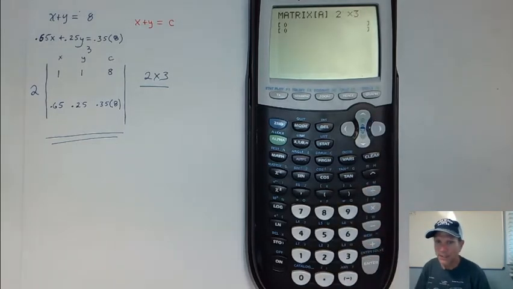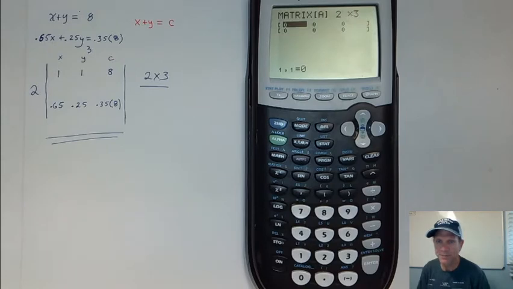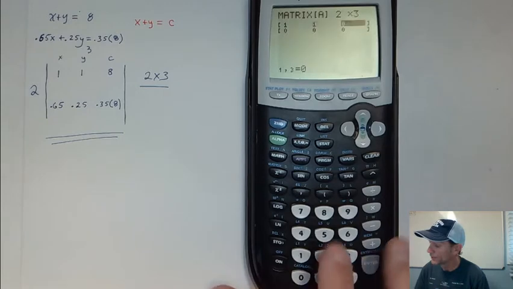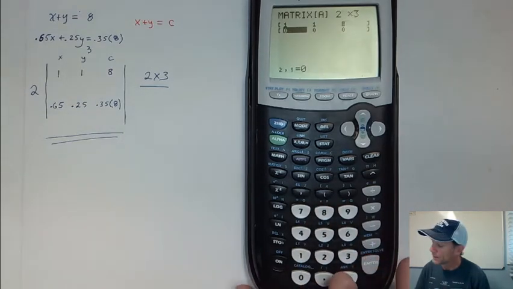And to let the calculator know I'm ready to proceed, I have to hit enter. And you'll see I have 6 fields that I can type in my values now. And so I'm going to type these values just using the numbers and the enter key, okay? So I'm going to hit 1, enter, 1, enter, 8, enter, 0.65.